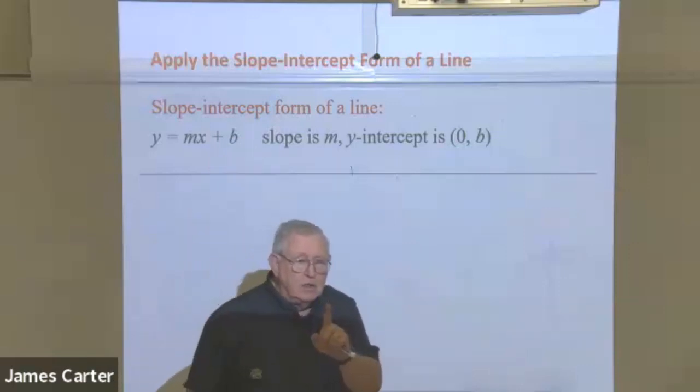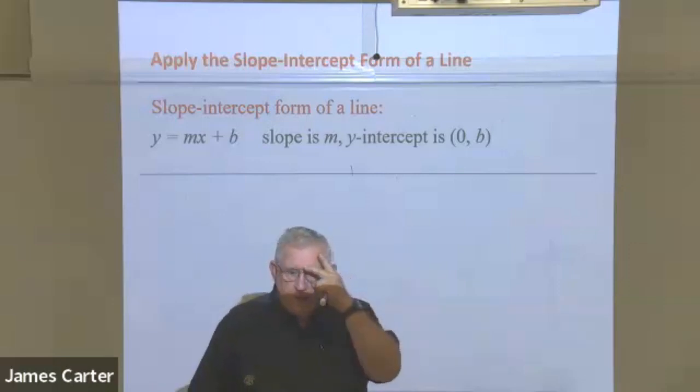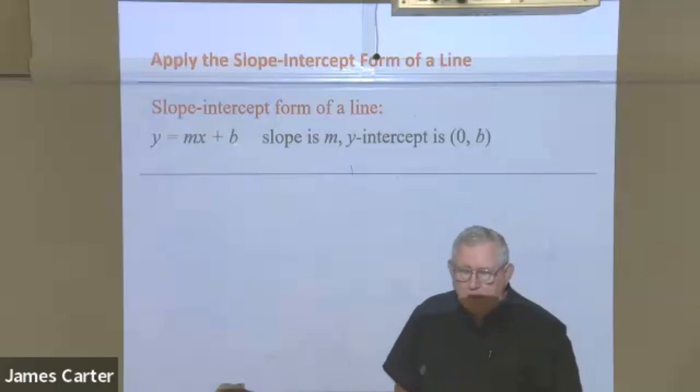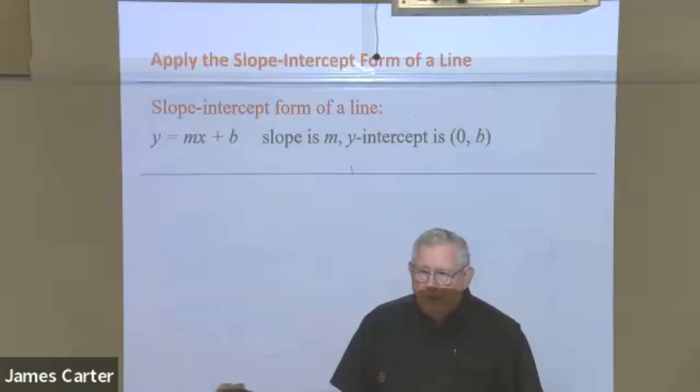The b is the y value of the y-intercept. Now watch out, because I get tricky on my test. I'll give you a problem, and you see what the b is. Let's call it a 6, just for calling it something. And I ask you, what is the y-intercept? And if you just put down the number 6, that's a -2 automatically. But if you put down the point (0, 6), then it's full credit.